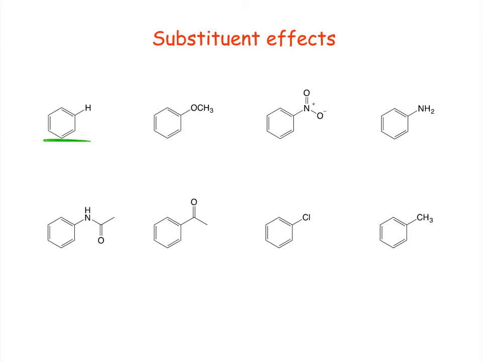So what do you think if we have a methoxy group on there? What's this molecule called anyway? Anisole, right? Licorice smelling. Is this methoxy group more of an electron withdrawing group or an electron donating group?